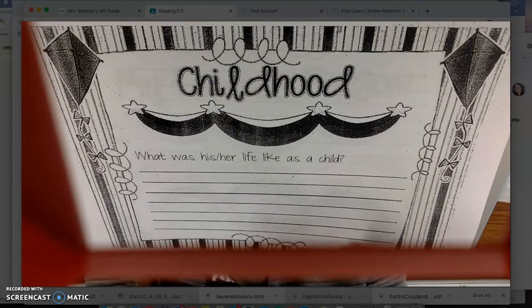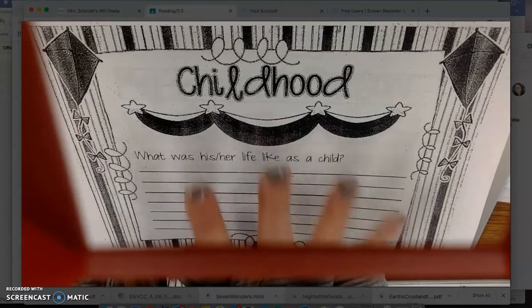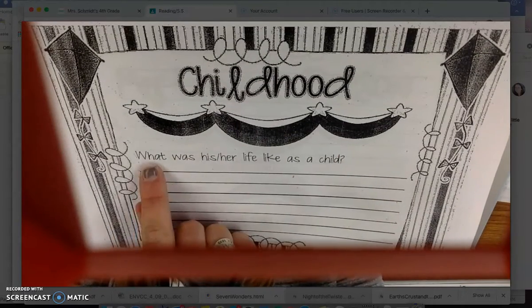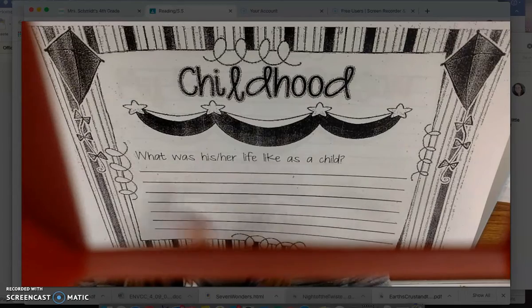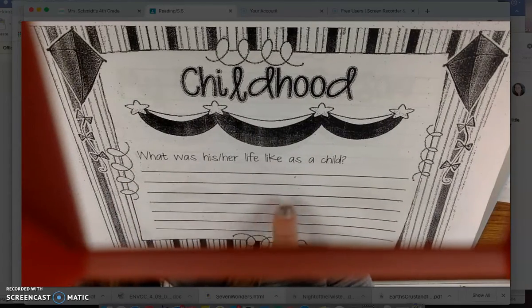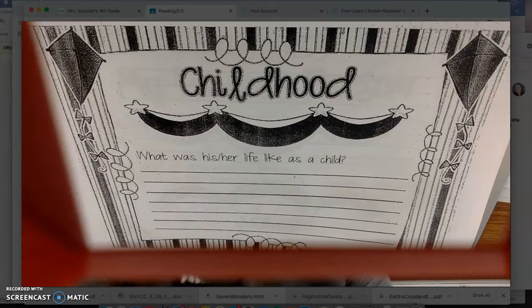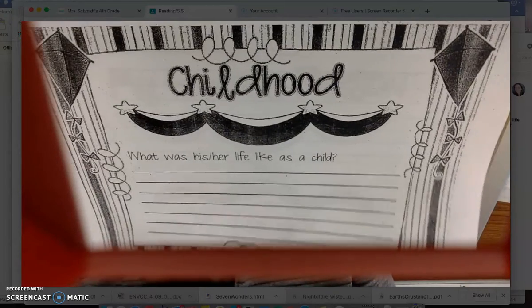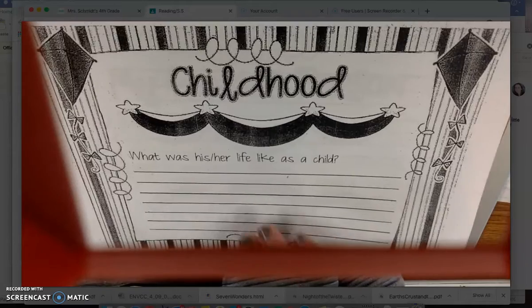Her parents were Dale, and she had a sister named Karen. Growing up, she really liked math and science. Now, if you feel like that's repetitive, because it kind of is, you can just use the packet and fill this out. What was her life like as a child? Tell me when she was born, what she liked, what she did. You're going to want to do that for each of your pages.